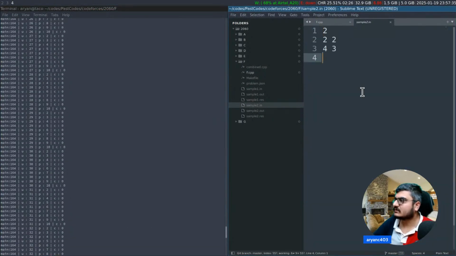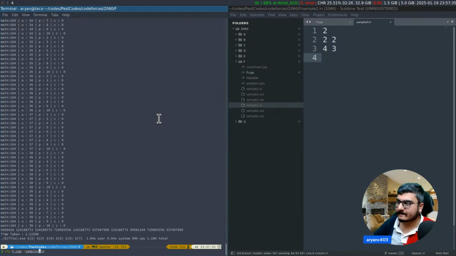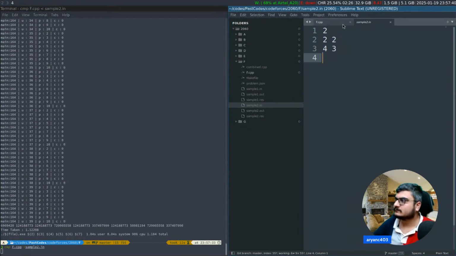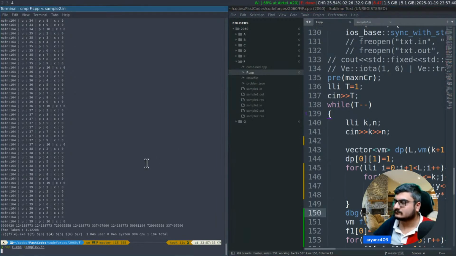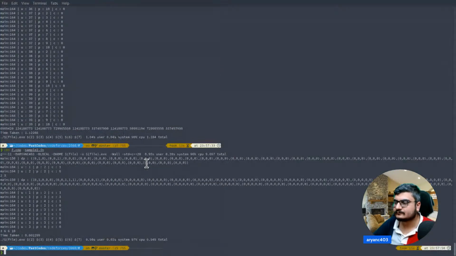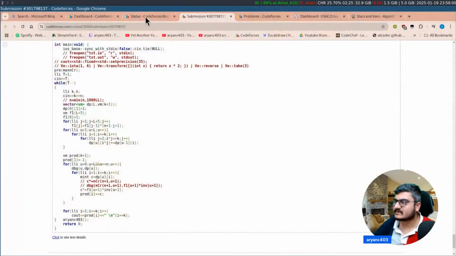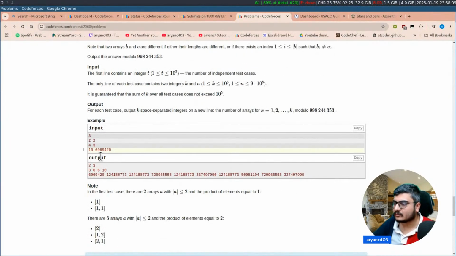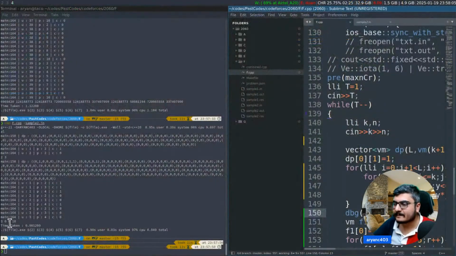Let's just run this for this example. The answer for the first test case is 2 and 3 only, right? 2 and 3, 3 6 6 10. 3 6 6 10 looks fine, right?